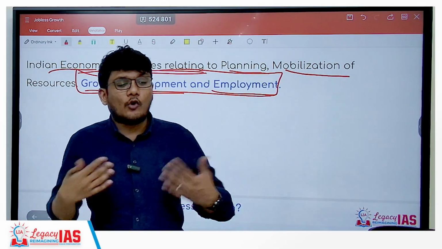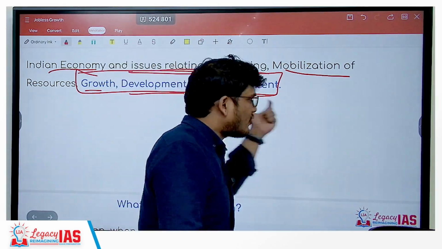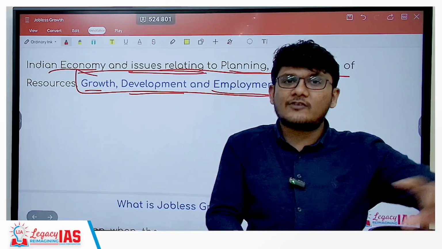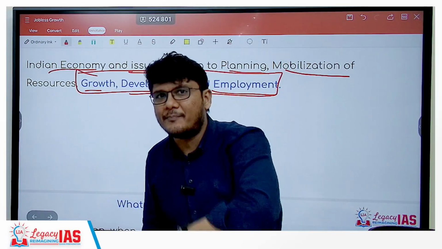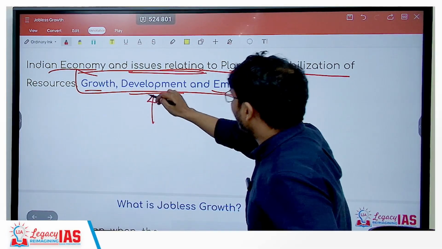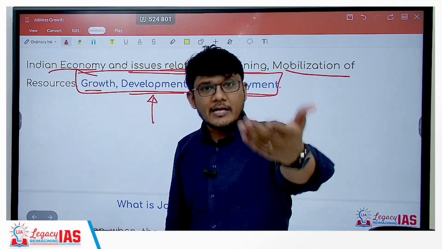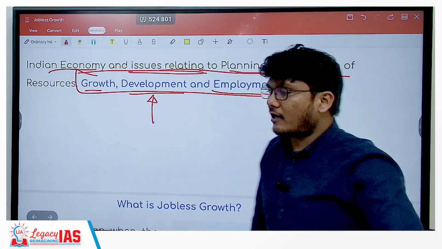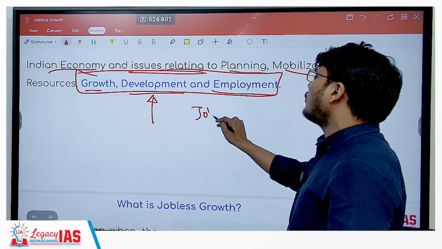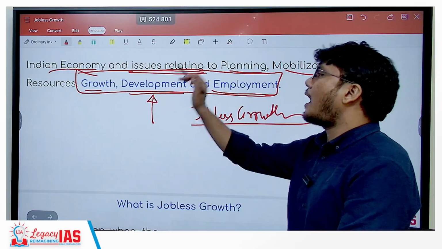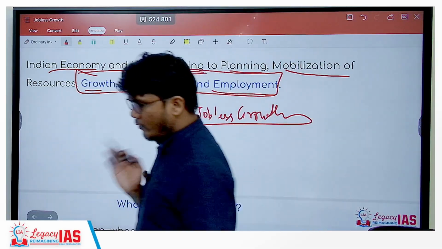So the jobless growth topic comes from this particular part. The jobless growth topic specifically is not mentioned, it's not a keyword in the syllabus, but in growth, development, and employment, of course growth will come, of course unemployment, joblessness, etc. will come. So jobless growth is a topic that is going to come from this particular part of your syllabus. I hope that is clear.